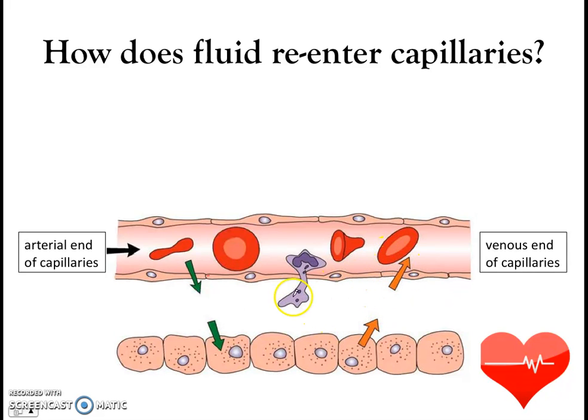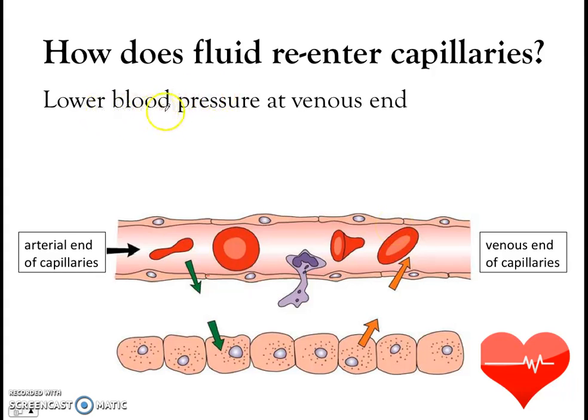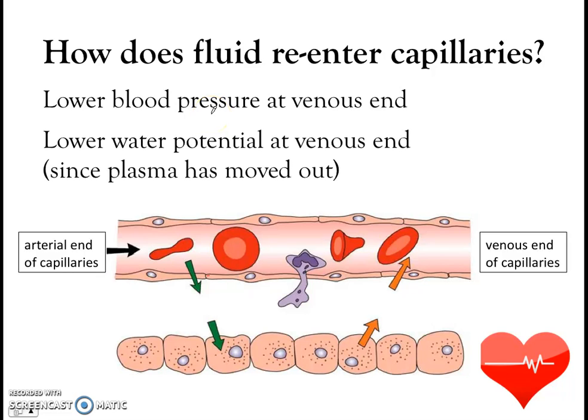How does the fluid outside move back into the capillaries? Well, it happens at the venous end. At the venous end of the capillaries, there is a lower blood pressure. And on top of that, there's also a lower water potential. Wow, osmosis has come back again to find us.